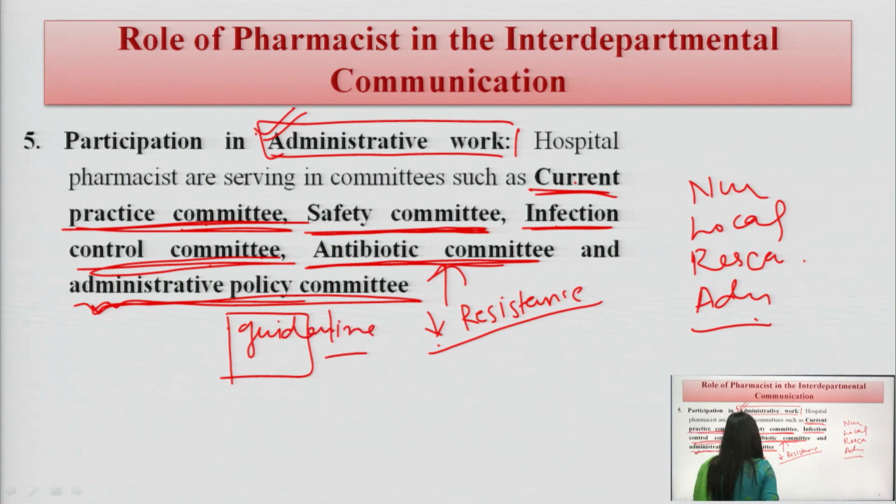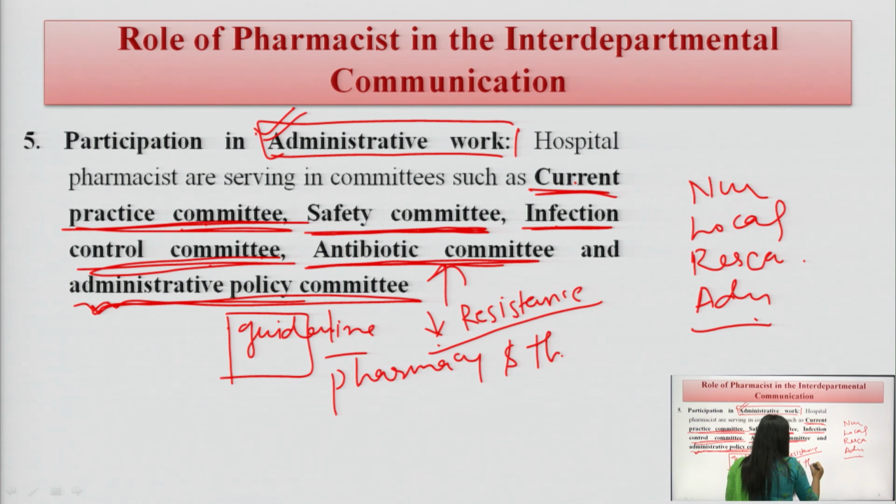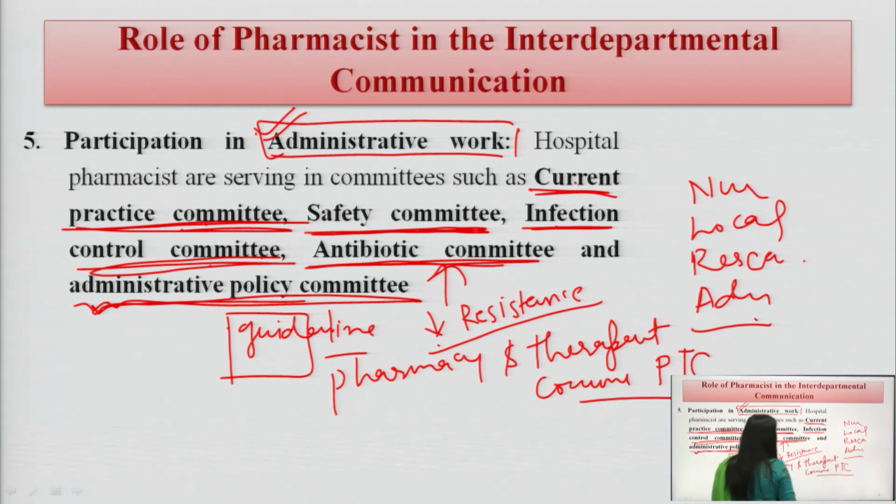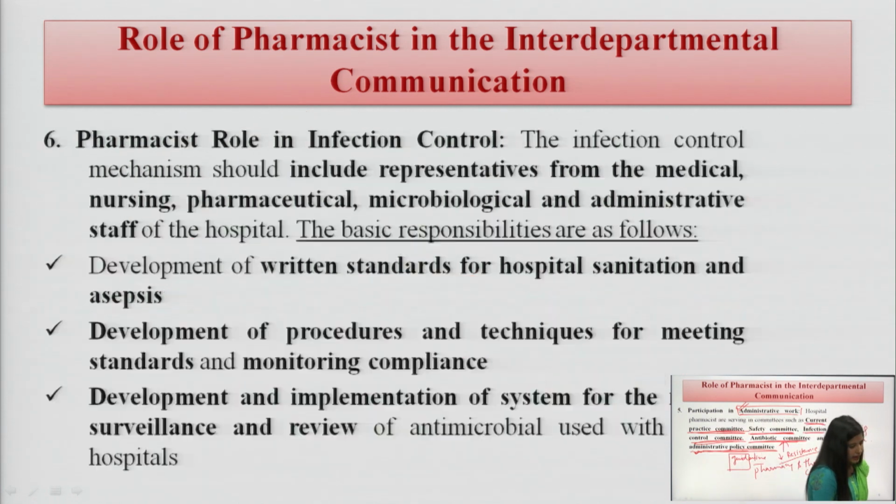And this committee is called the pharmacy and therapeutic committee. It's called PTC. So they are providing the information to all the committees: current practice committee, safety committee, infection control, and antibiotic committee.